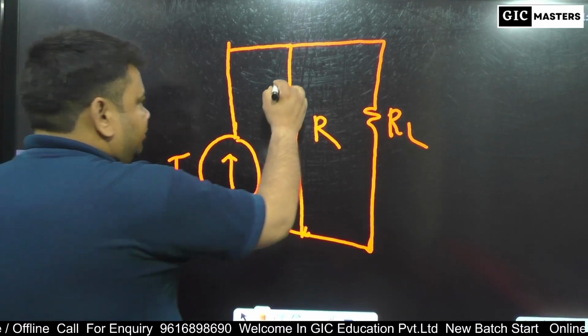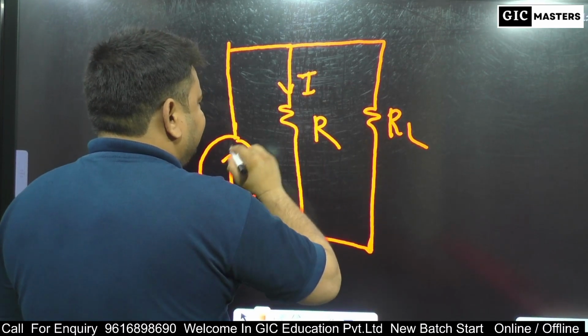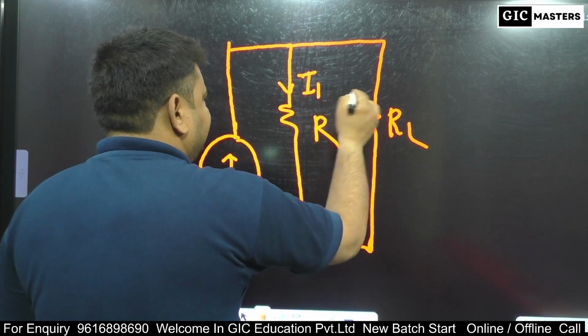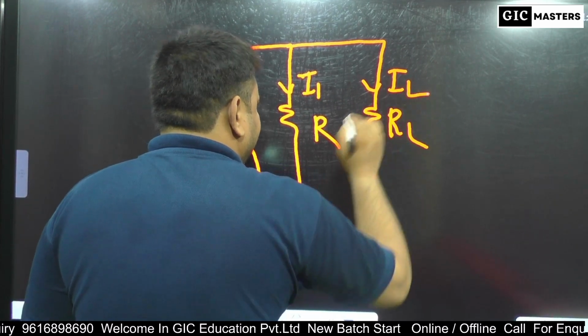So the current through R is I1 and the current through RL is IL.